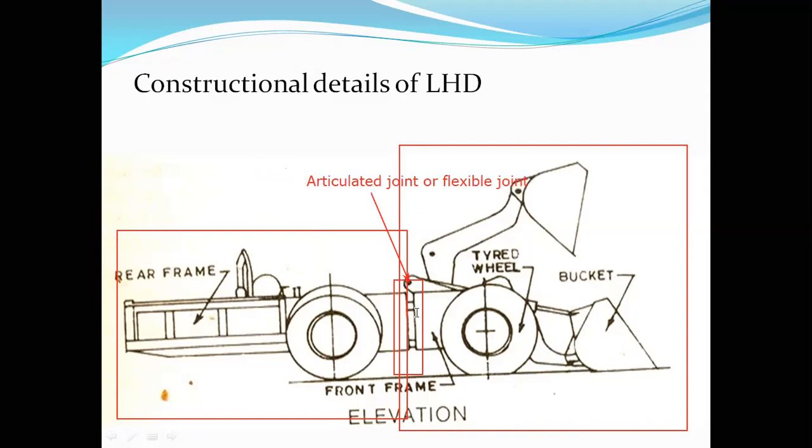This part, so that it can take a curve, and it can negotiate sharp curves also for the transportation of the material. So that's exactly the flexibility we have using LSD. Okay, let's move on.